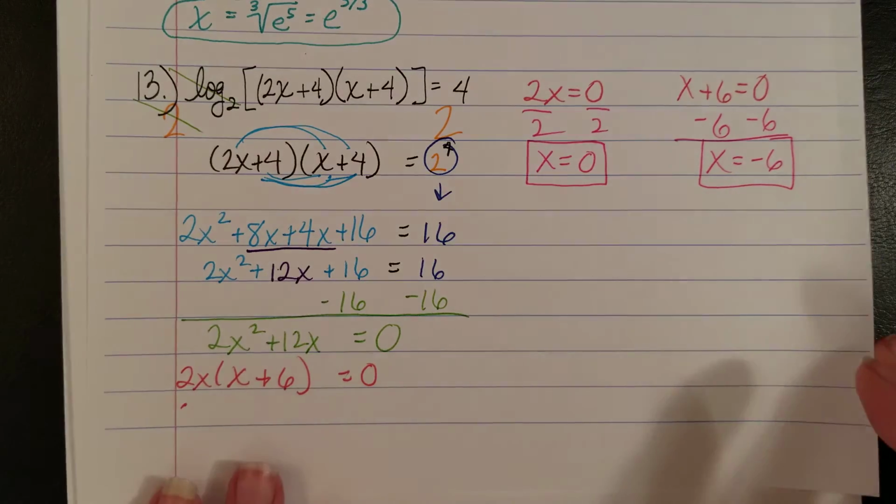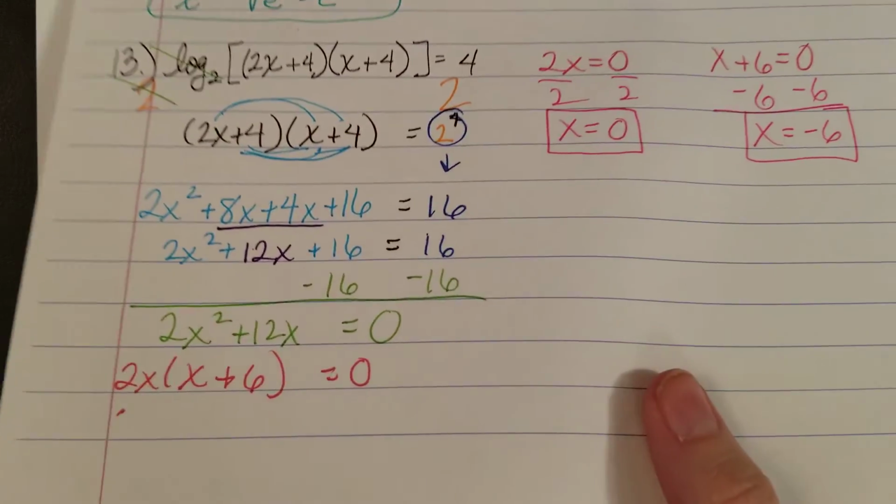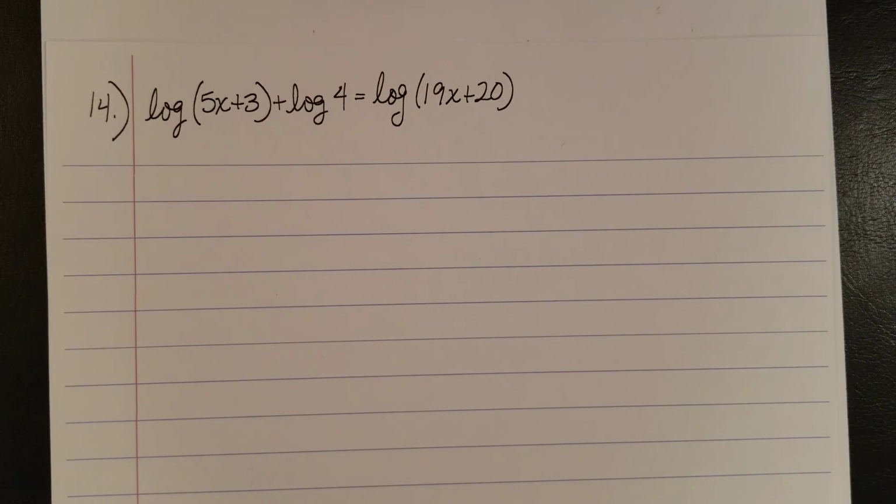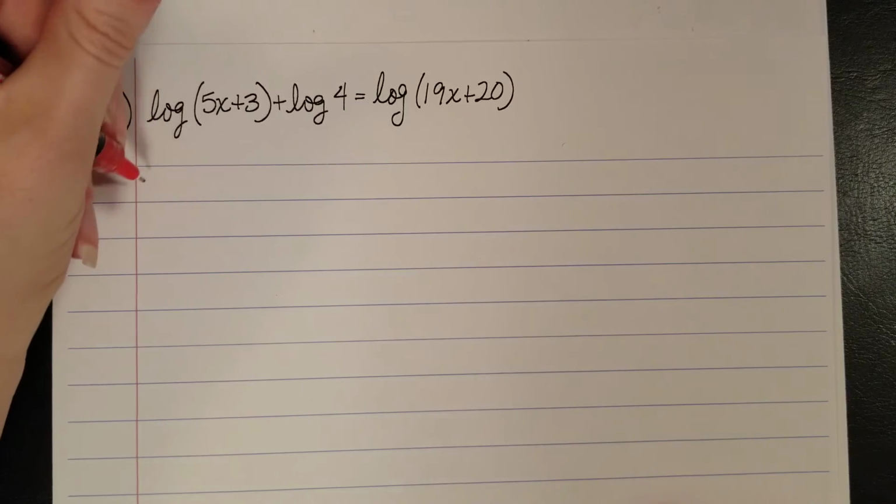All right, let's try to squeeze in one more problem before we have to break up the video. I think I can do it. All right, number 14. So the first thing I'm going to do is take the logs that are on the left side, and combine those by multiplying the arguments.